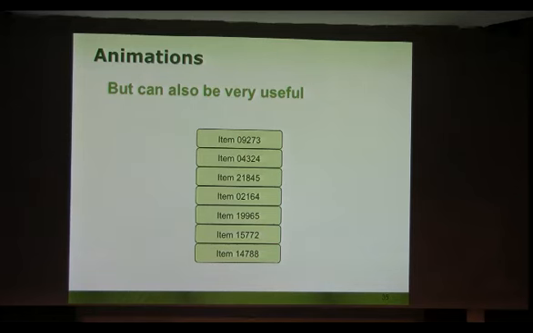But animation can also be very useful. We have seen that with the text. But if we take this example, here is a list of items. I will show you the next step. If I ask you what changed between the two steps, you will see it will be very difficult, so be ready. So what happened to this list of items? It's really difficult.